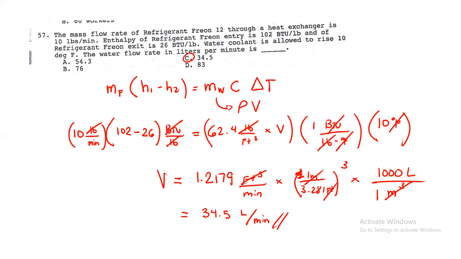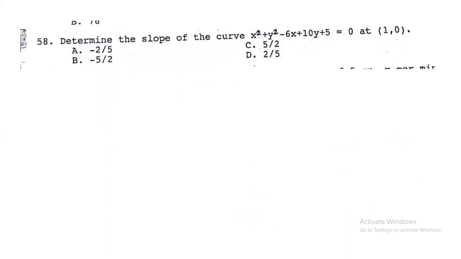So next, tuloy-tuloy lang tayo. Problem number 58. Determine the slope of the curve given at 1 and 0. So para makuha natin yung slope ng curve, kukunin natin yung y prime niya o yung derivative ng y with respect to x. So syempre, ano yung equation natin? x squared plus y squared minus 6x plus 10y plus 5 is equals to 0.